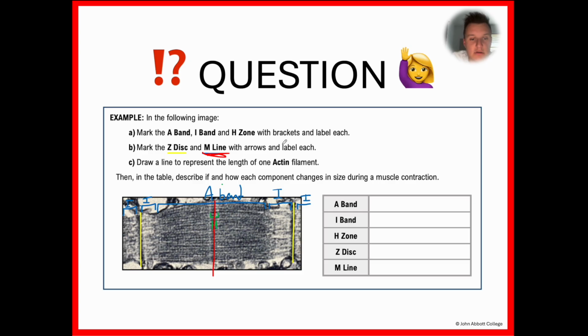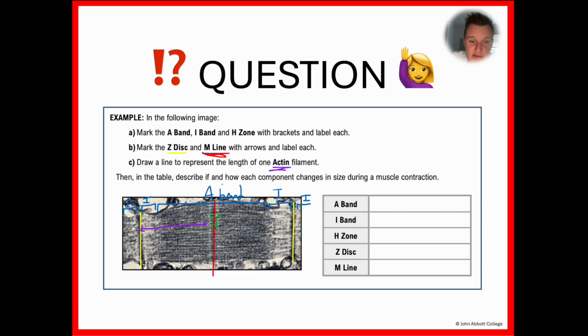And then draw a line to represent the length of one actin filament, right? One actin filament, so let's look at the actin here. That would start at the Z line, and it would go all the way in, up until here, not in the H band, right? This is the zone of overlap here.